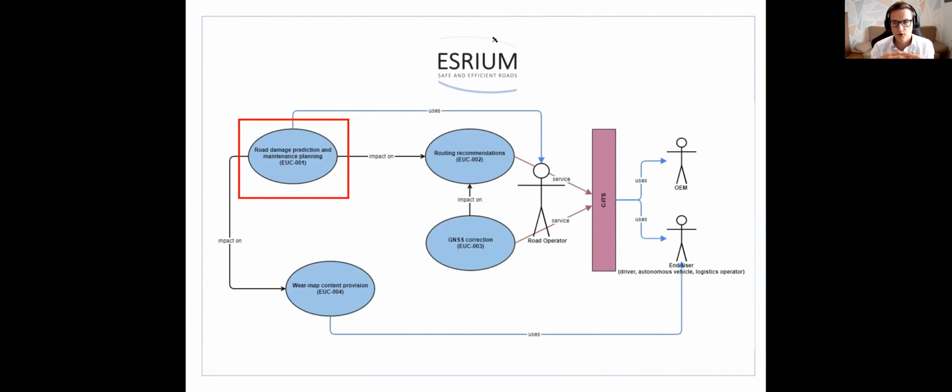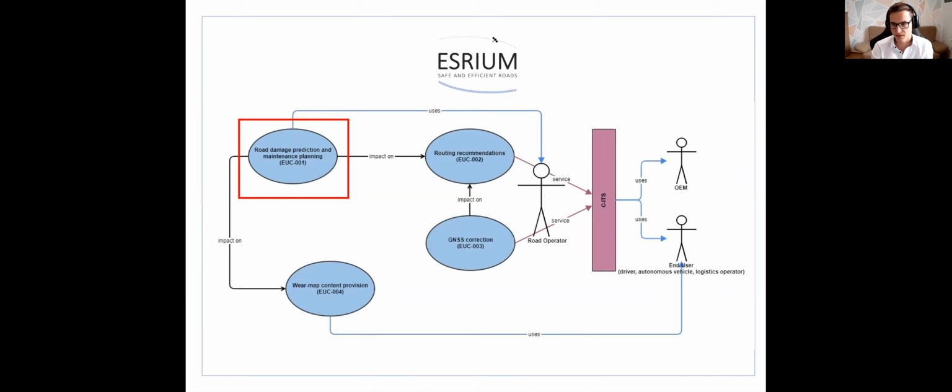All right, let's move on to a detailed description of the use cases. Here you can see an overview of our 4 use cases that we have developed and how they are related with each other and the relevant stakeholders. The first use case deals, for example, with AI-based road damage prediction. Use case 2 then deals with routing recommendations. Use case 3 deals with the provision of EGNSS correction data, and use case 4 deals with the provision of a roadware map.